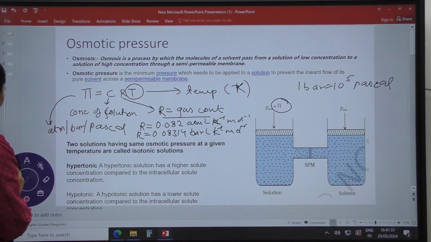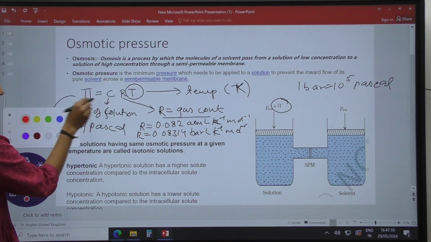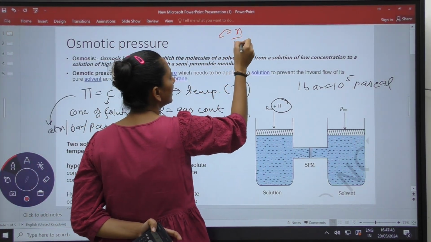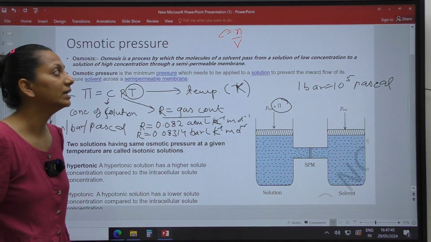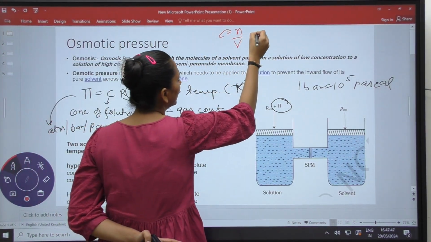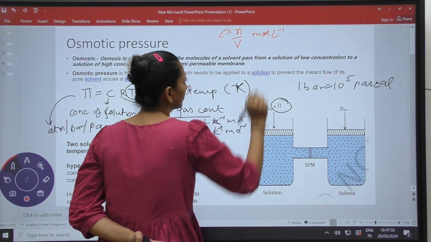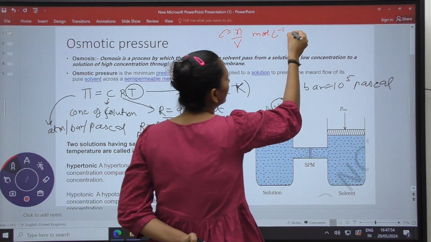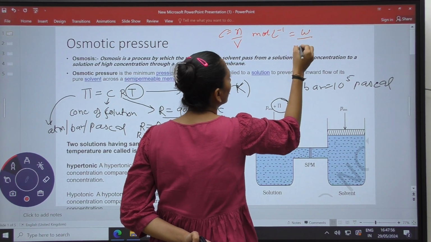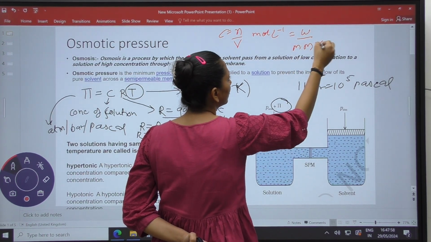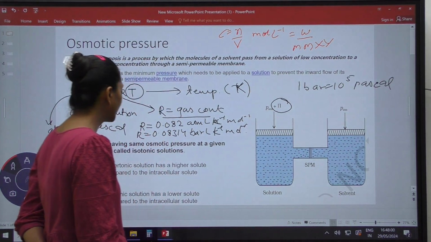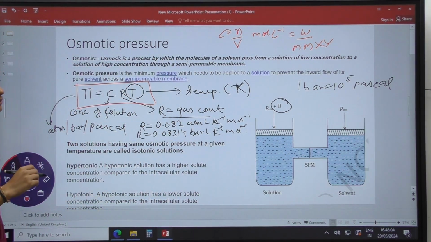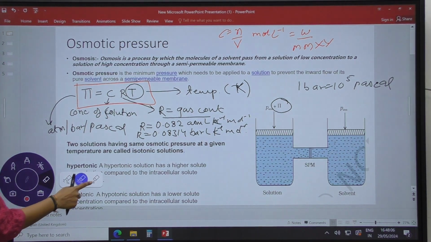Whenever I have C, the concentration, it is equal to the number of moles n in the volume V. Concentration is defined as moles per liter of the solution. Moles can be written as weight upon molar mass of the solute. Keeping the same value in this equation and rearranging, we get the formula.